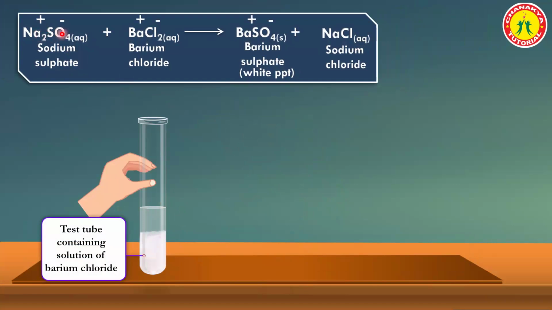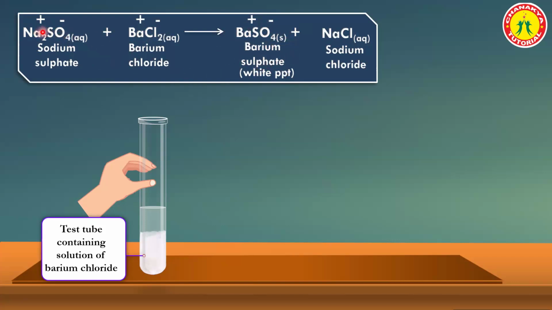So Na plus and SO4 2 minus combined with barium 2 plus and Cl minus. Now barium was with Cl minus, but in double displacement reaction, what happens? There is exchange of ions. Ba2 plus will now combine with sulfate, that is SO4 2 minus, and it will form barium sulfate.